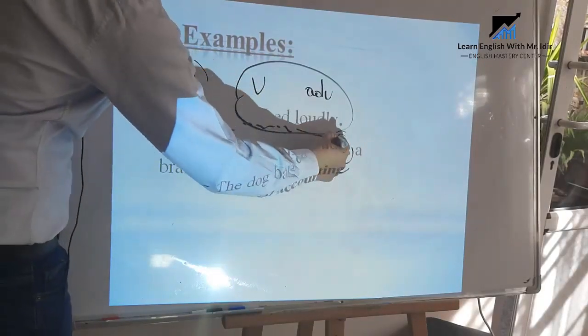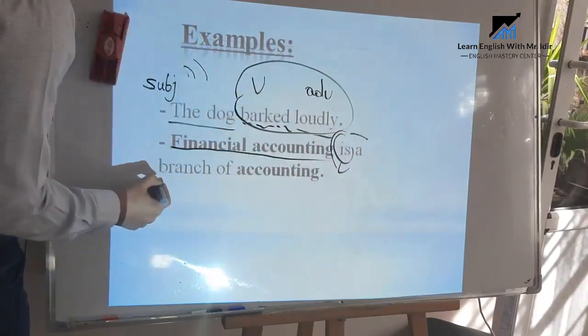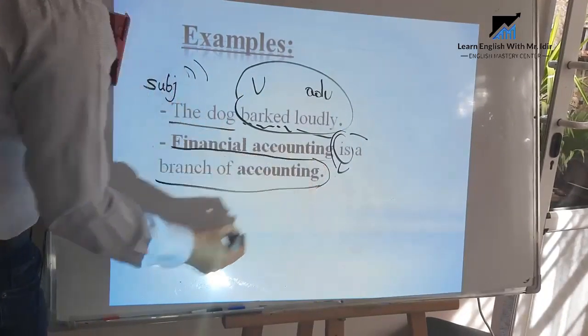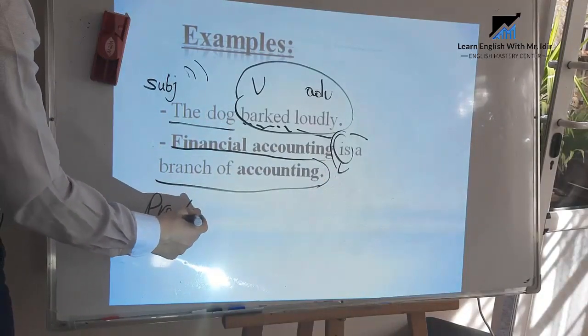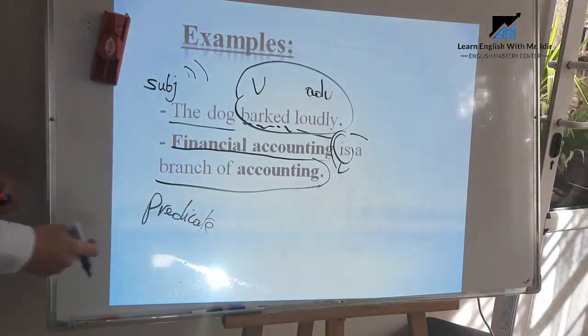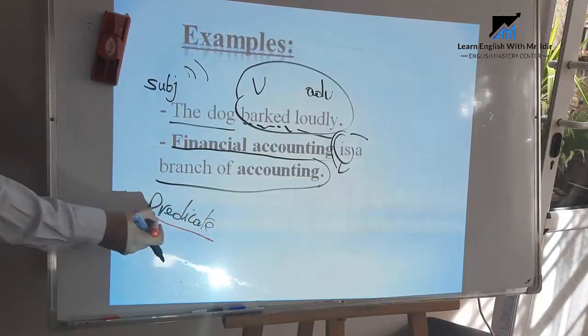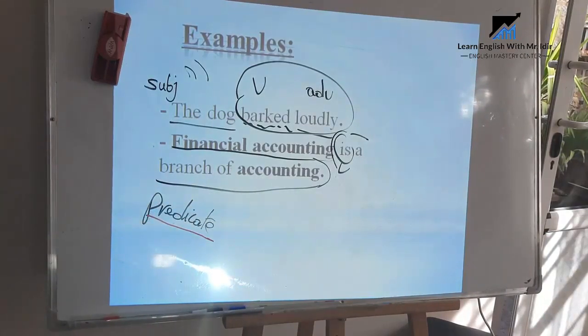However, is a branch of accounting is our predicate. I hope you have understood. So we have two characteristics that must be included in a sentence. It must have a complete thought, it must have a subject and a predicate.